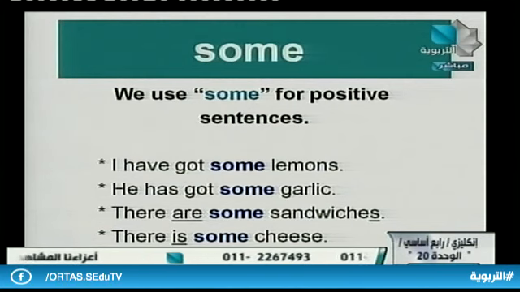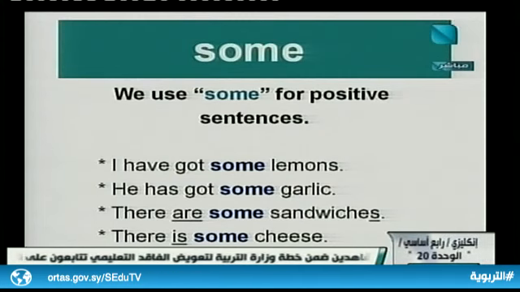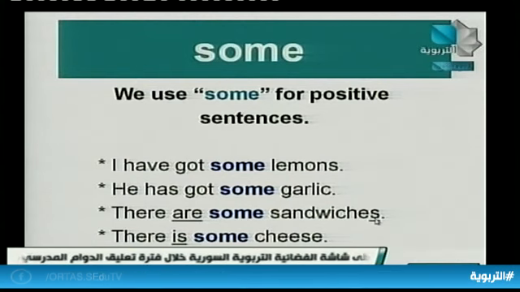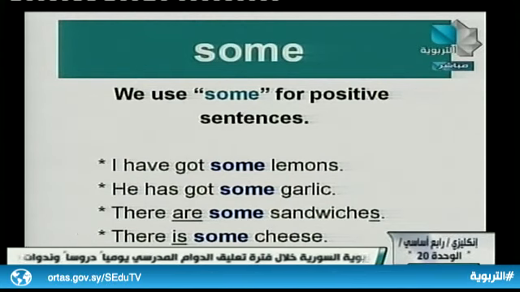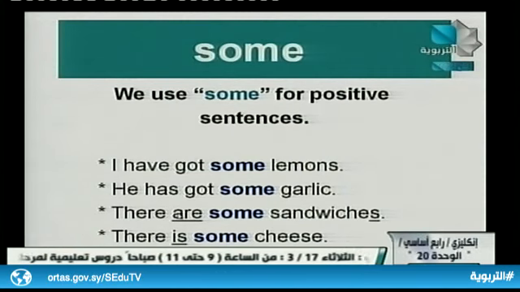And also, I want you to pay attention to these sentences. There are some sandwiches, there is some cheese. As you see, the noun here, sandwiches, is plural. It ends with s. So the verb is plural. There are. The verb is plural and the noun is plural.